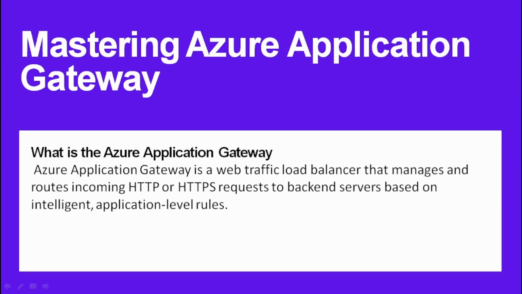Application Gateway is also a load balancer, a layer 7 load balancer. It has some additional features and makes routing decisions based on the content of the request. So now we understand what the Application Gateway is.